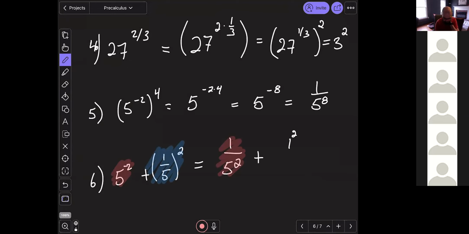So it's going to be 1 squared over 5 squared. This is 1/25. 1 squared is just 1, and 5 squared again is 25. When I put this all together, I should get 2/25.